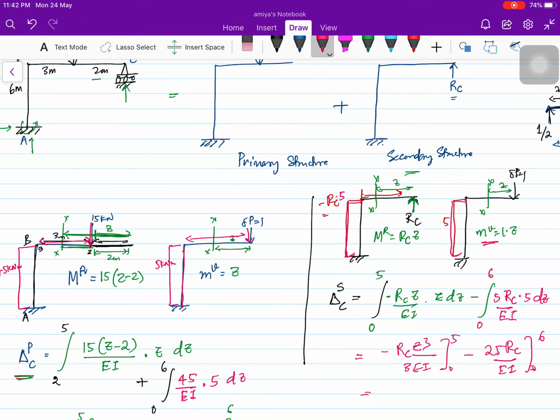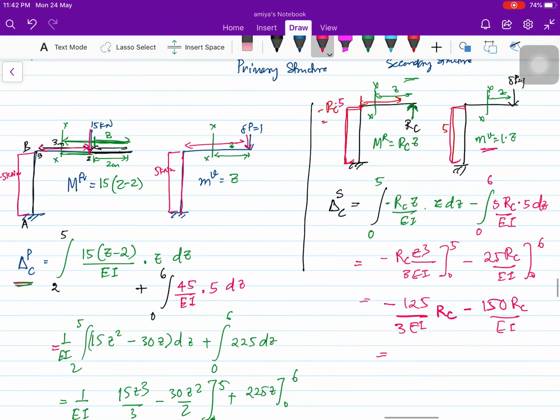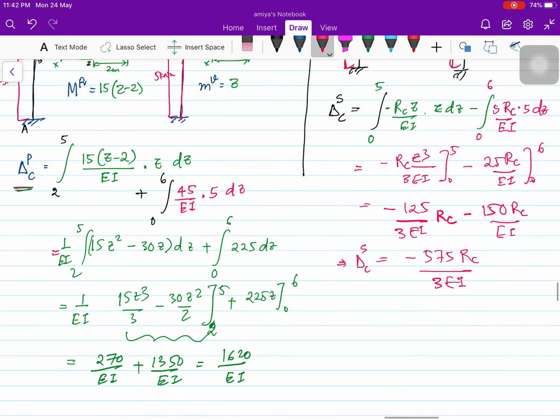Okay, so this is minus 125 by 3 EI RC minus 25 multiplied by 6, 150 RC by EI. So this gives me minus 575 RC by 3 EI. Okay, so we have found out deflection C in the secondary structure.